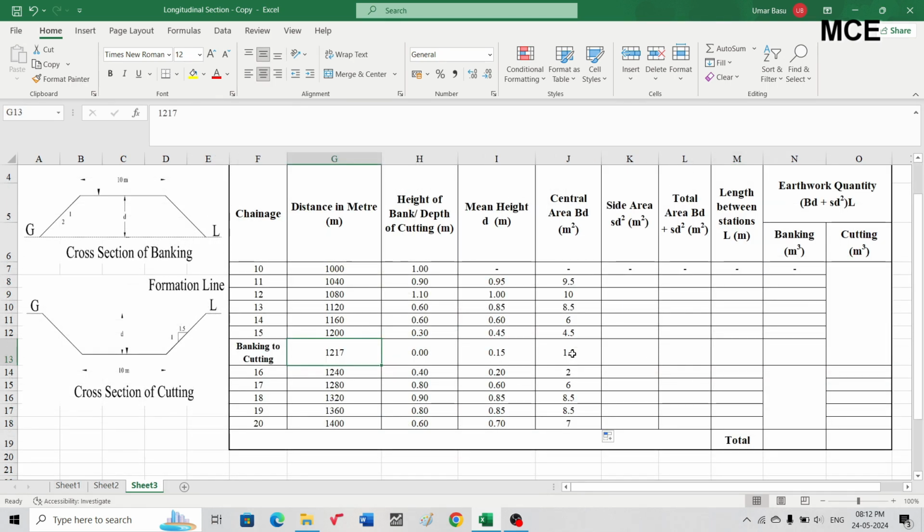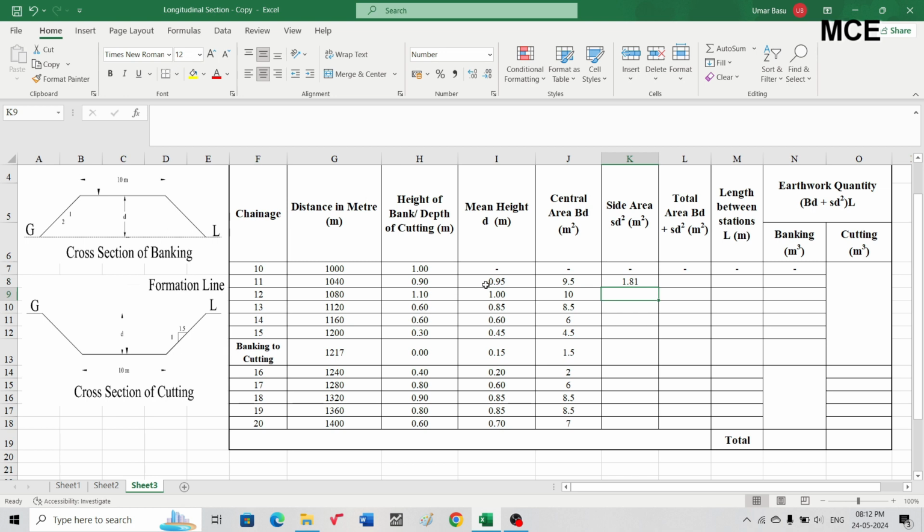After finding the central area, you can now find the side area. Side area is equal to sd square, but the value of s for banking is 2, and thereafter for cutting it is 1.5. So for banking, take the value of s, 2, and multiply it with the square of the mean height, that is 0.95, take its square.